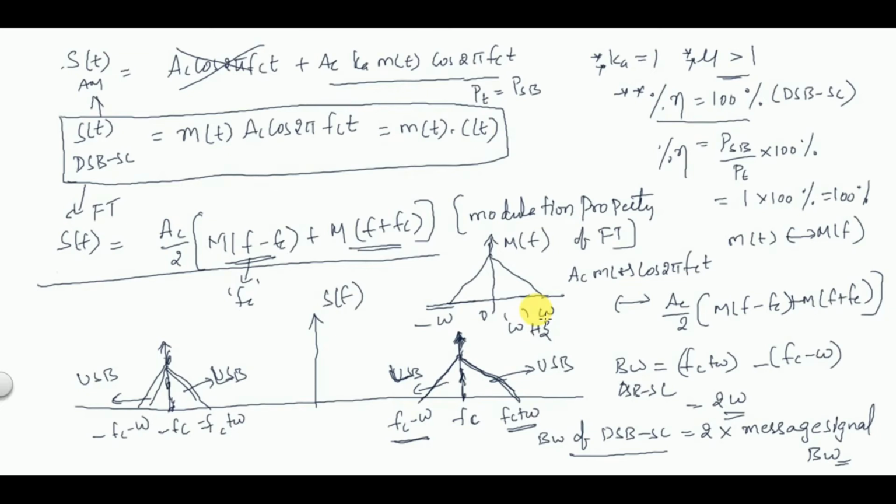I have drawn the spectrum, so I'll show it again very clearly.